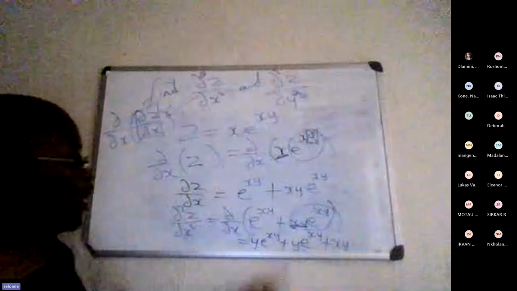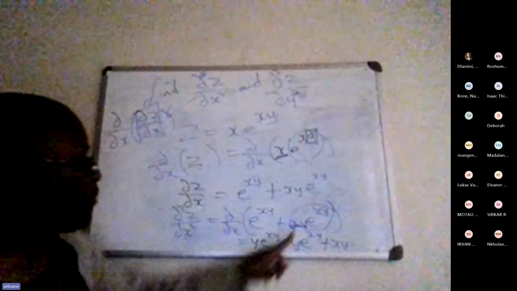Now from there, the y e exponent xy and y e exponent xy, you can't leave these two terms like this. The answer will obviously be 2y e exponent xy, and then this one will be xy squared e exponent xy. That will be this one.